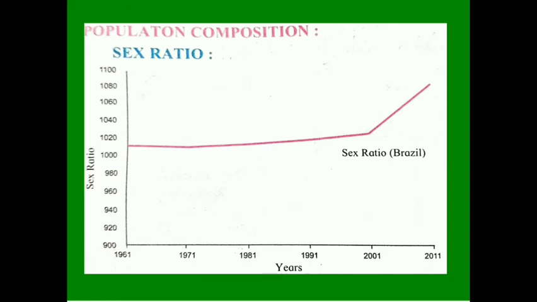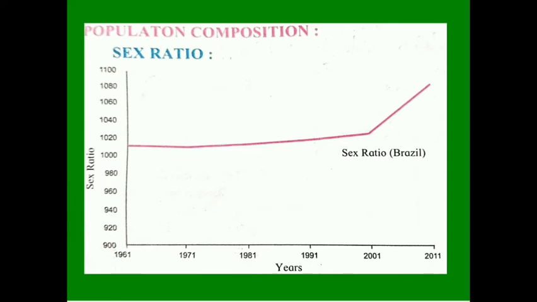This graph shows us that in comparison to 1,000 males, how many females are there? We can observe that in 1961, the number of males was 1,000 and the number of females was 1,010. That is, the ratio of females was more compared to men.